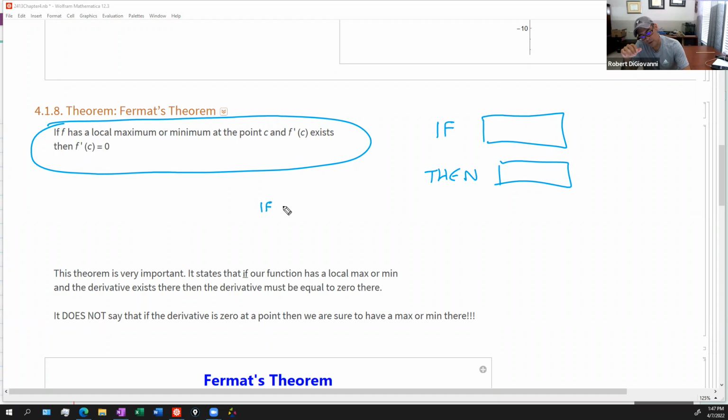If you live in Texas, then you live in the United States. Do you agree with that? Would you consider that to be a true statement? If you live in Texas, then you must live in the United States.